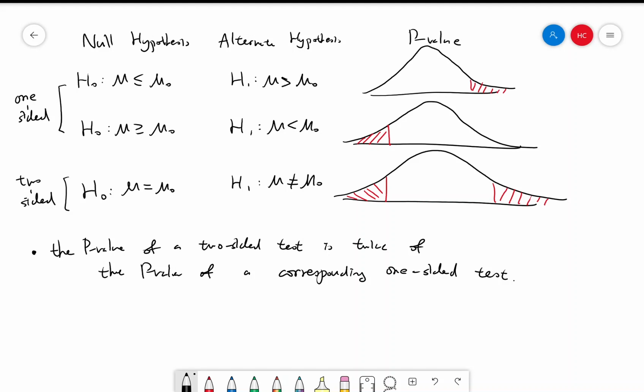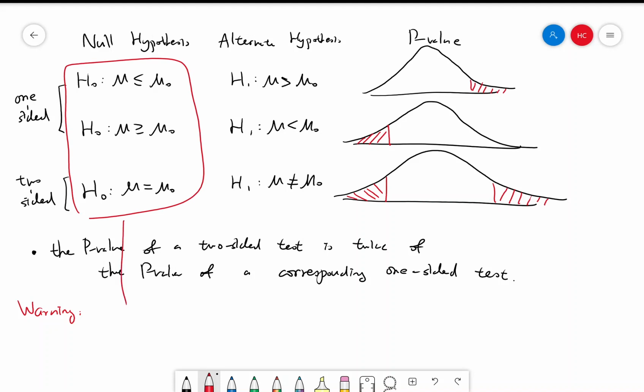And the second thing to notice, so this is a warning. In our book, the null hypothesis is the opposite statement of the alternate hypothesis, but in most books, the null hypothesis is always the same. It's mu equal to mu naught.